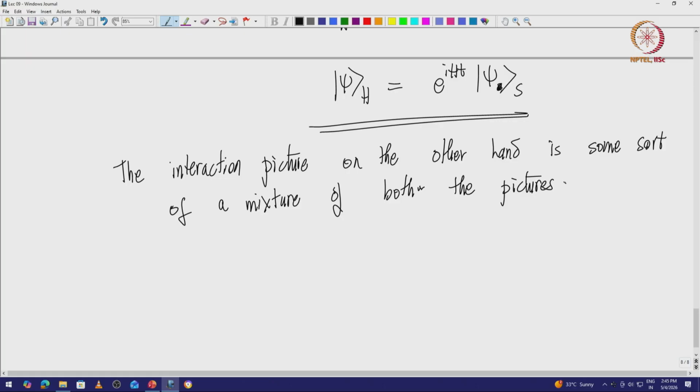It is neither the Schrodinger picture nor the Heisenberg picture, so it has developed its own name.